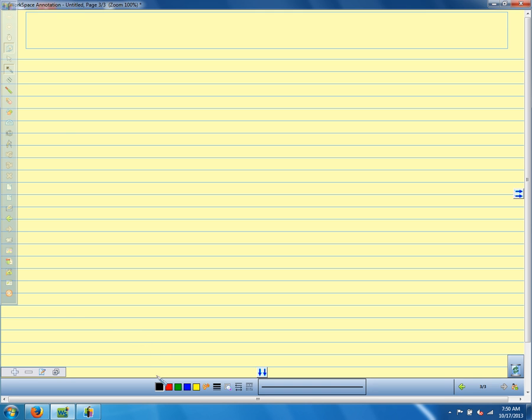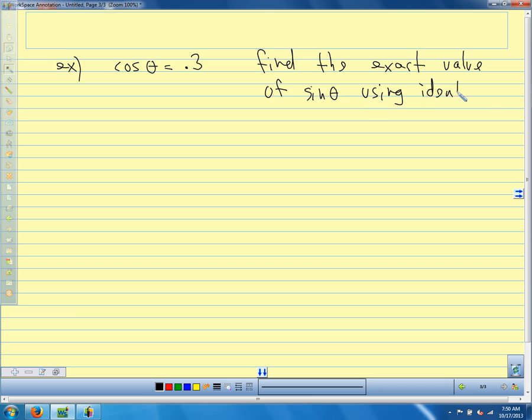So let's look at this first example. We know that cosine theta is 0.3, and we want to find the exact value of sine theta using identities.